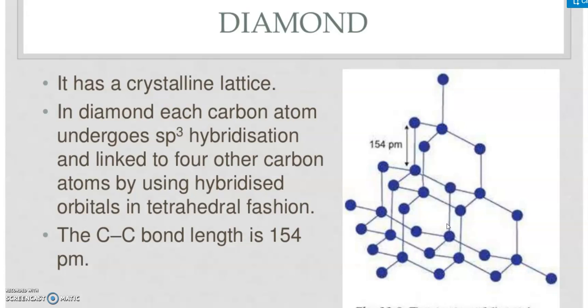Carbon has the catenation property, it can bond with the same atom or other atoms to form different types of structures such as chain, branched, spherical, etc. Due to this property, diamond has this type of lattice structure, and the C-C bond length is 154 picometer.